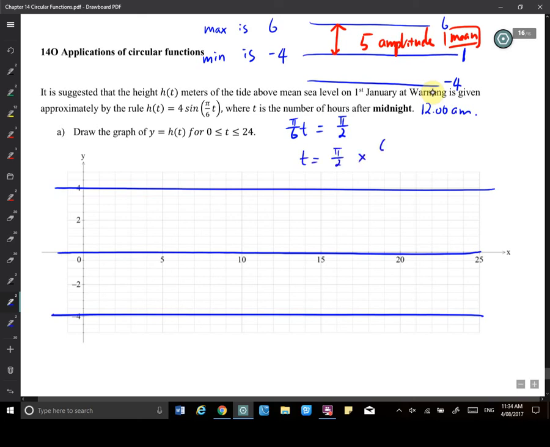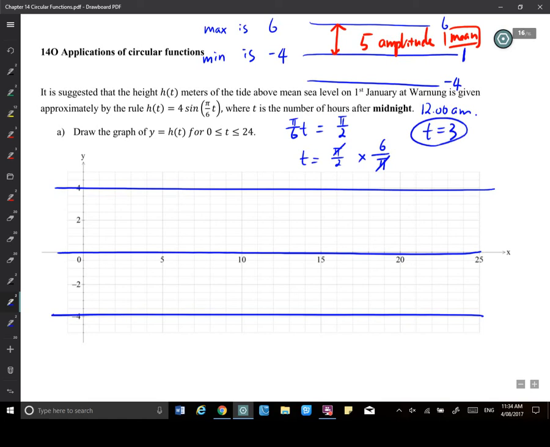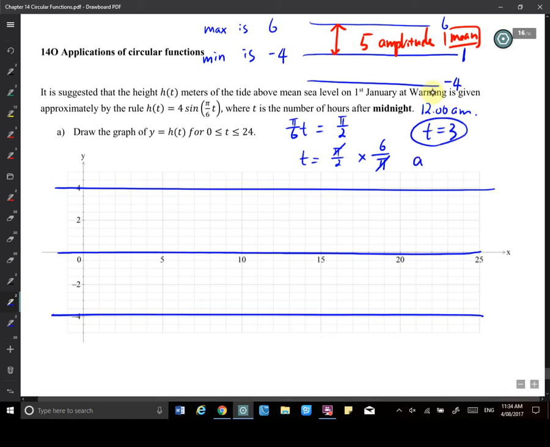So pi on 2 times 6 over pi gives you t equals 3. With a greater than 0, that is a maximum point. So you have a maximum point at (3, 4) here.